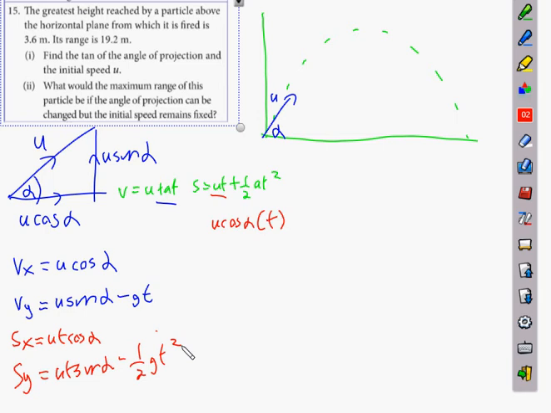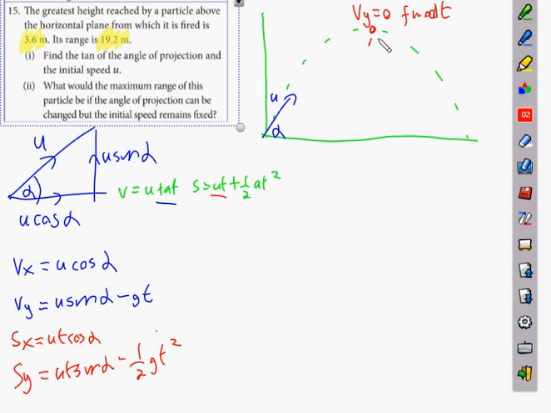Now we're going to figure out the range and the greatest height, because the question says the range is this much and the greatest height is 3.6, so I have some information to work with. What do we know about the greatest height? At the greatest height, Vy equals 0, so you can find the time.